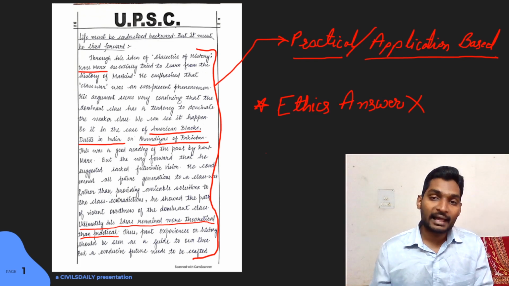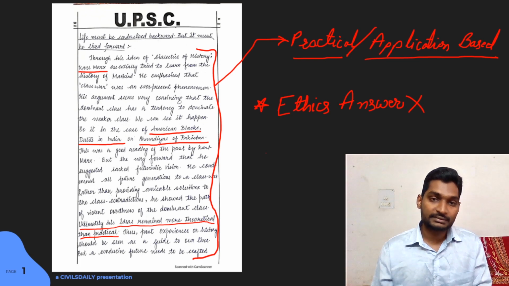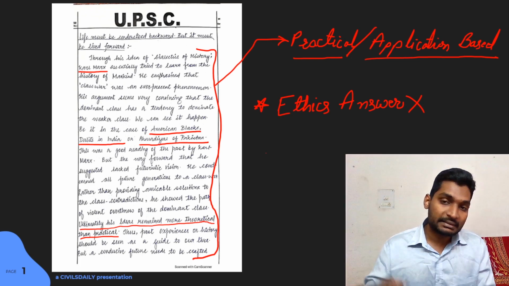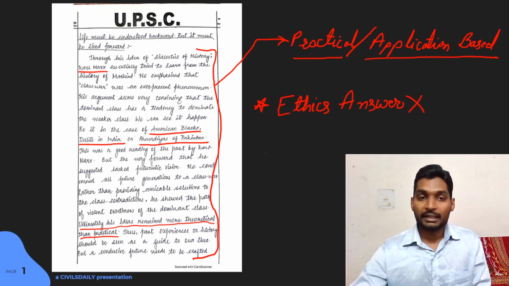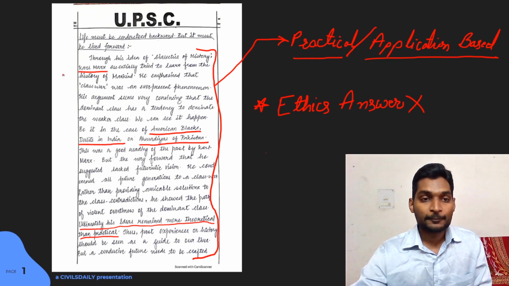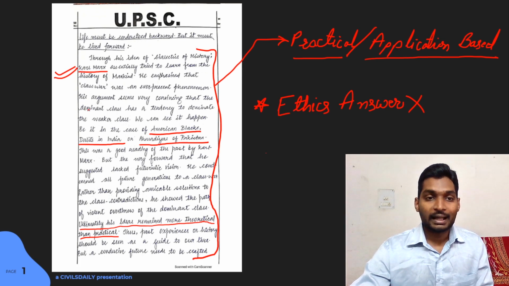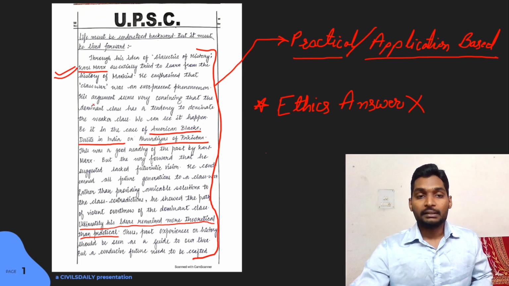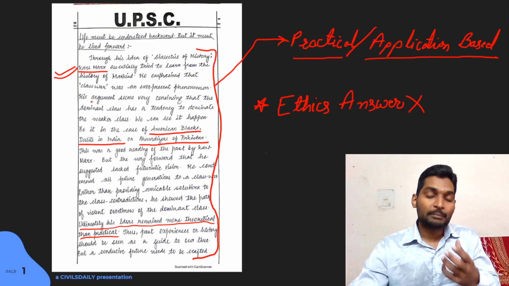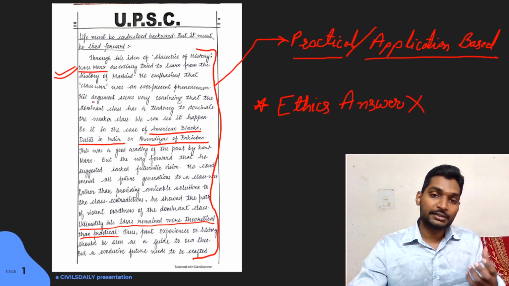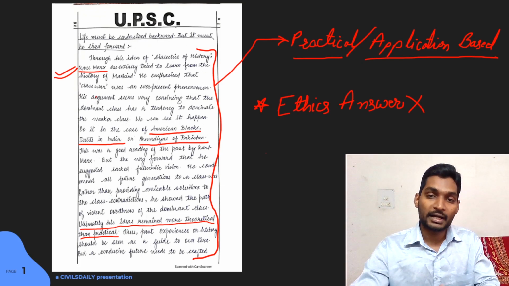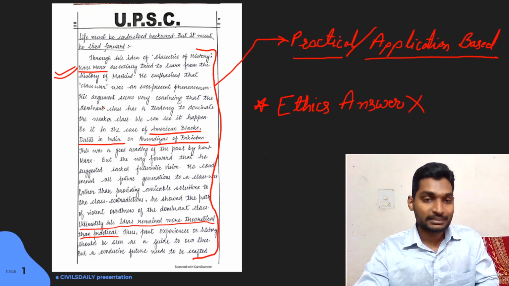And here we have an introduction before us. Now what has been written in the introduction? The introduction uses the story or the reference of Karl Marx, and it goes on to write about how Karl Marx tried to take cue from history and provide solutions to the existing problems.